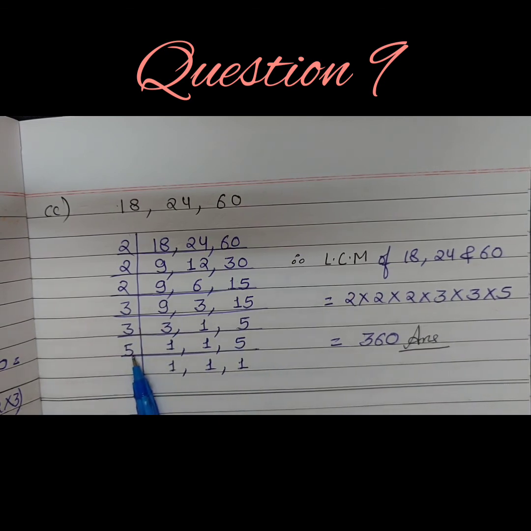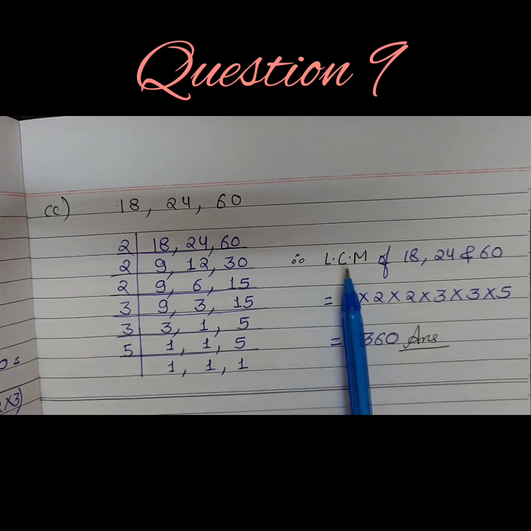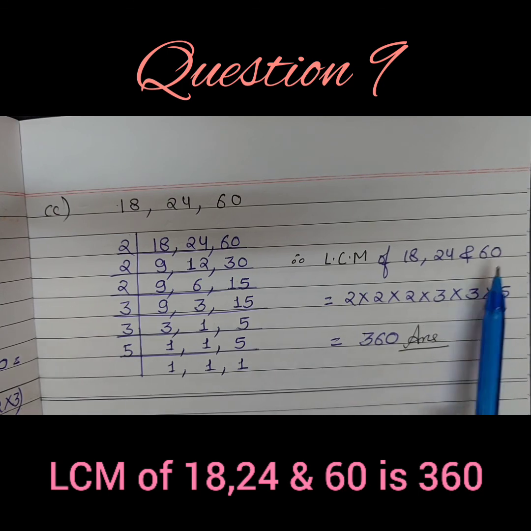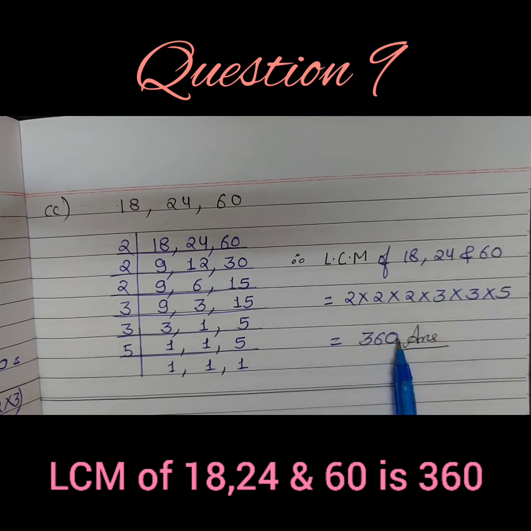Now our next prime number is 5. 1 is not divisible, carry forward. Here 1 is not divisible, carry forward. 5 1s are 5. We get 1 in a row. Therefore the LCM of 18, 24 and 60 is 360.